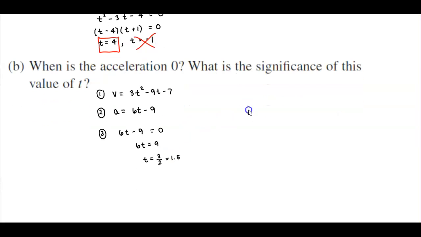So what is the significance of this value of t? Well, it states that the velocity is at a minimum at t equals 1.5 seconds.